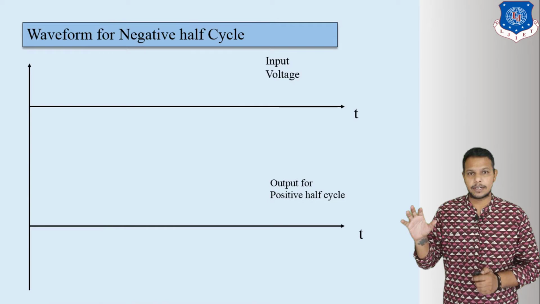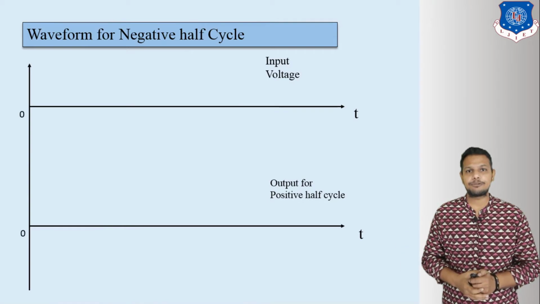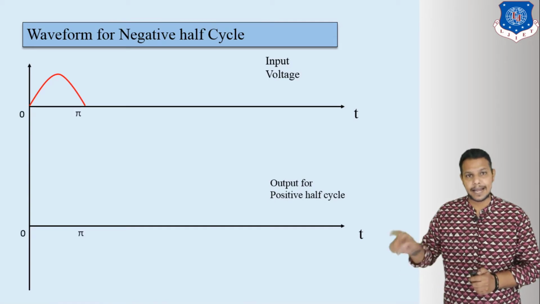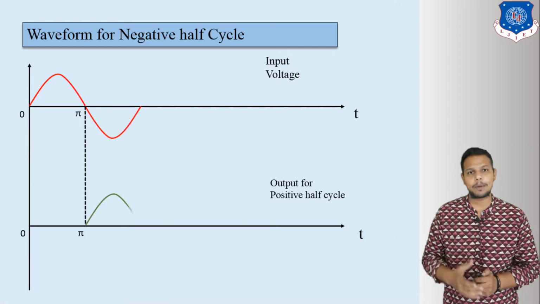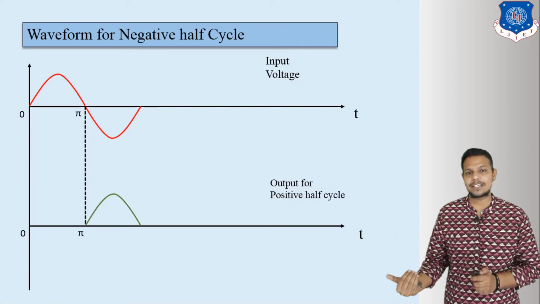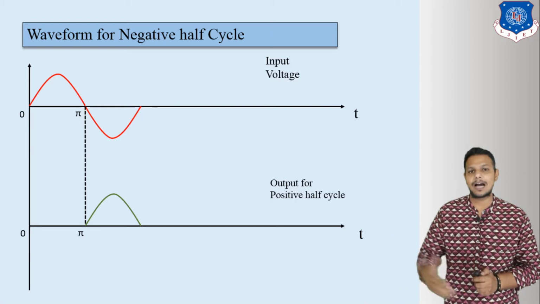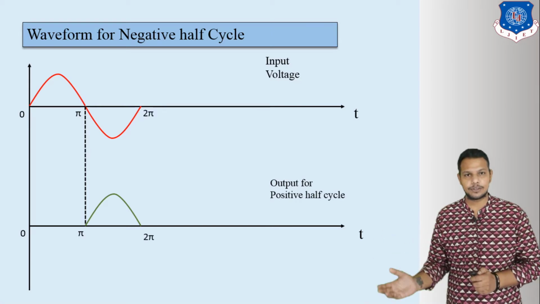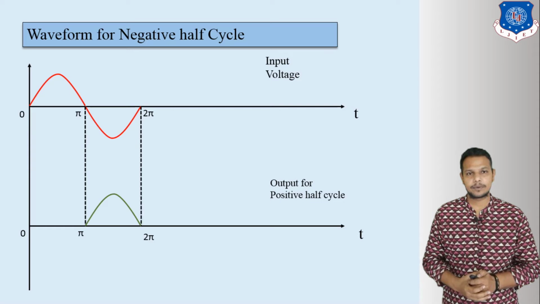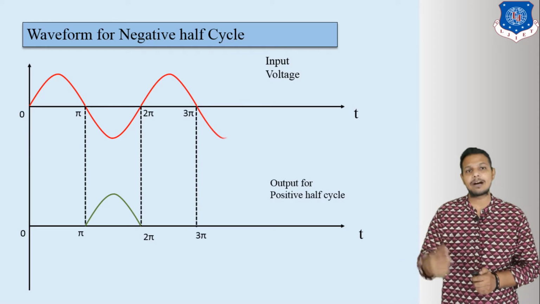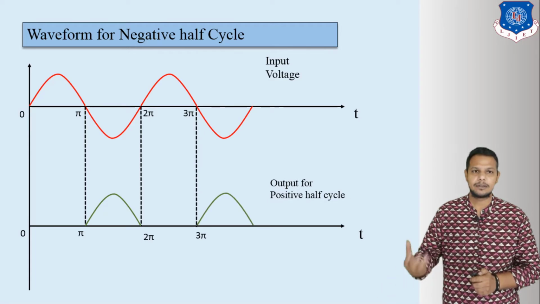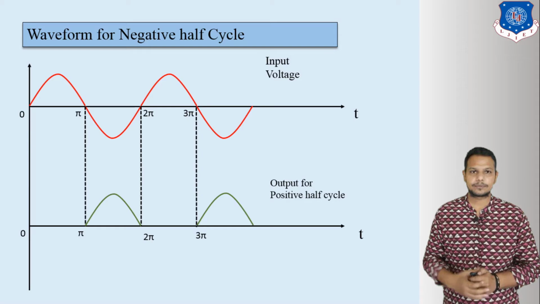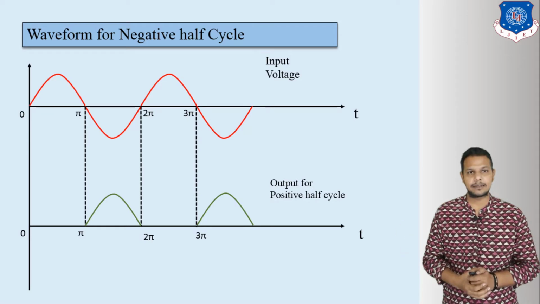Now its waveform: if we apply the negative half cycle, pi to 2 pi, then we will get a positive half cycle at the output side. Again, if we apply the negative half cycle, then we will get a positive half cycle.